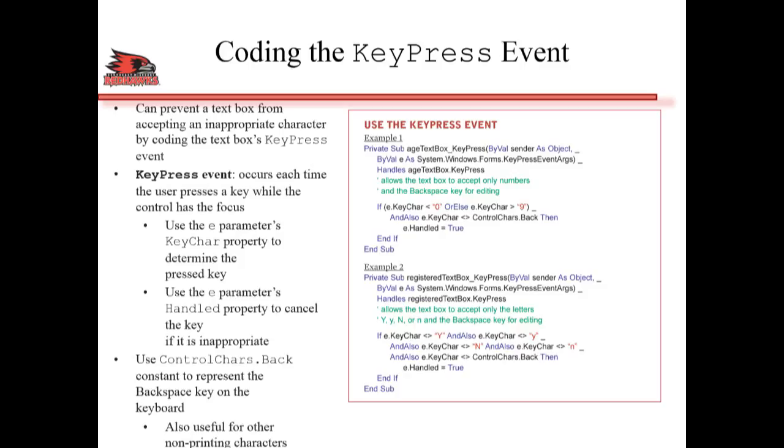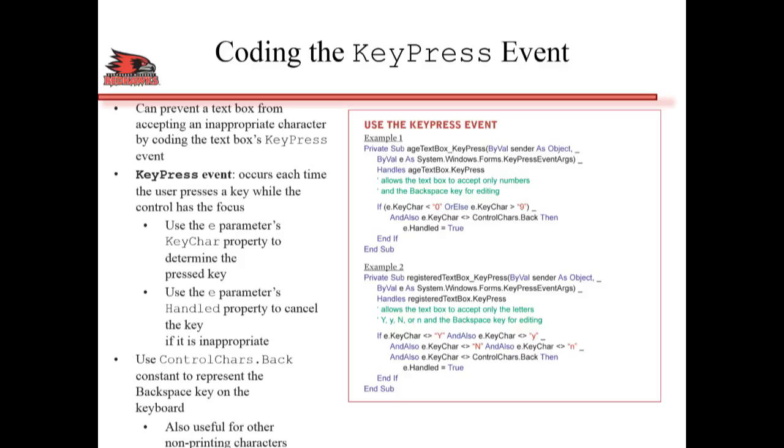So instead of the general template, private sub, we have been looking at button click mostly. We have not been looking at text boxes. Now for text boxes, suppose we have an h text box and we want to use the key press. So h text box underscore key press.